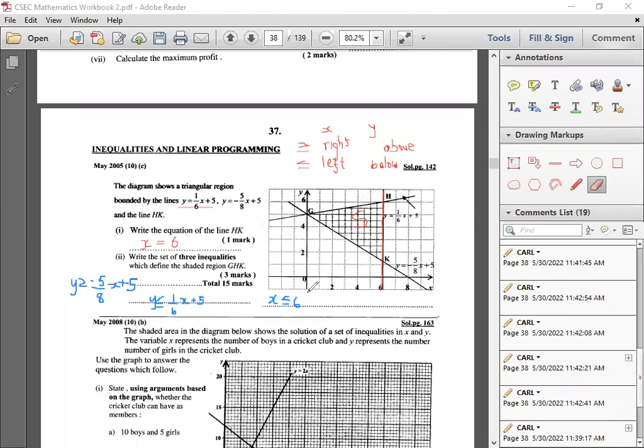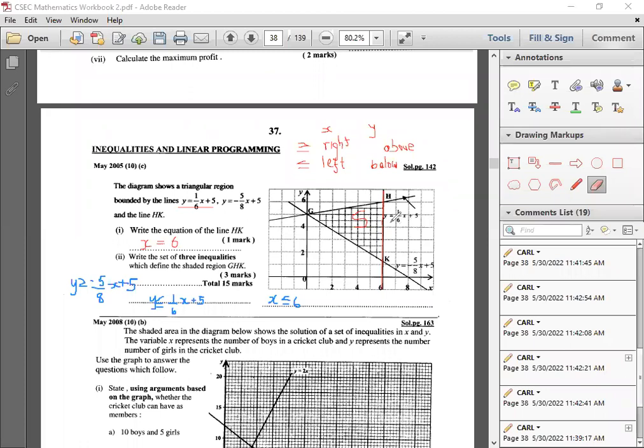How would you plot the graph of inequalities if you're just given y is less than or equal to 1/6x plus 5? I don't understand how the lines are. They would never ask you to do that. But the way you do it, you put x equal to 0 and y equal to 0 and come up with your 2 points.